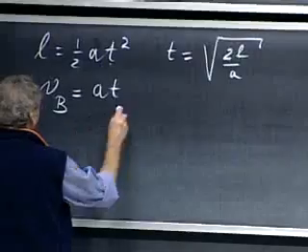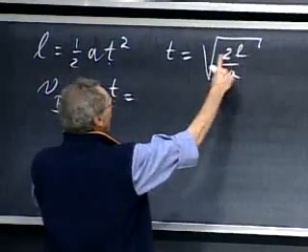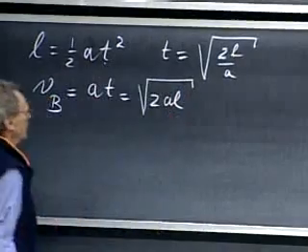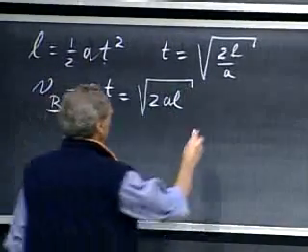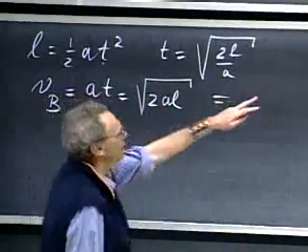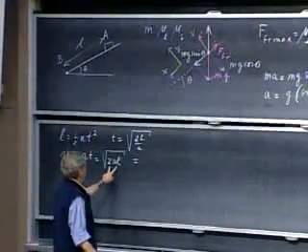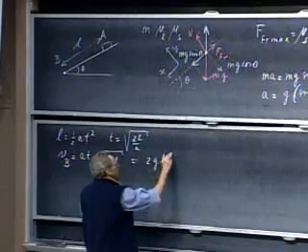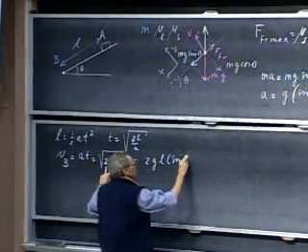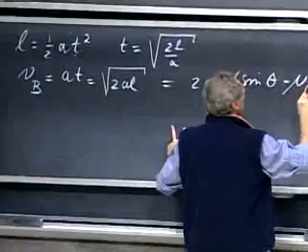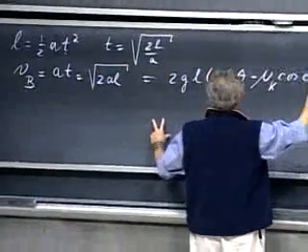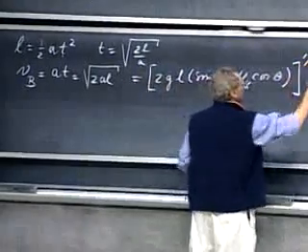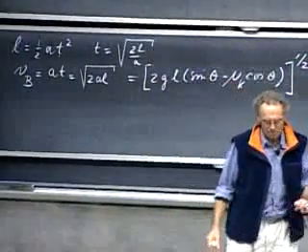And so that would become, if we multiply this by a, the square root of 2aL. And if you want to see that in all glorious detail, then of course you have to take that a, multiply it by 2L and take the square root. So we get 2gL times the sine of theta minus mu k times the cosine of theta, and the whole thing to the power 1/2. That is the speed at point B.